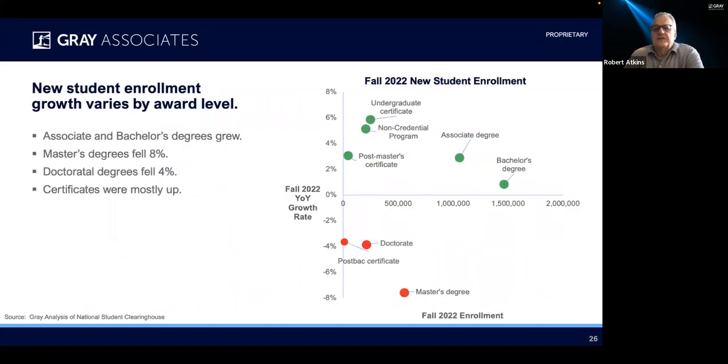However, that story varies a ton by degree level. So you always need to unpack the growth statistics and say, okay, what's happening at the degree levels that I'm involved in? And importantly, degree levels that I might want to get involved in in order to participate in the growth. This has changed significantly as of fall 2022. If you look backwards in enrollment statistics, traditionally the higher level degrees have been doing better.